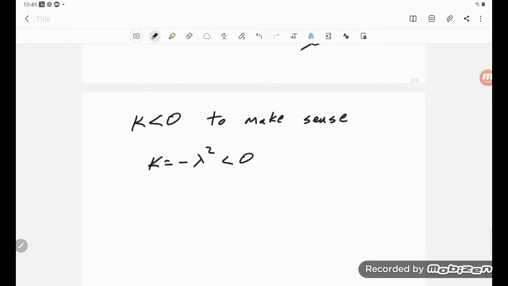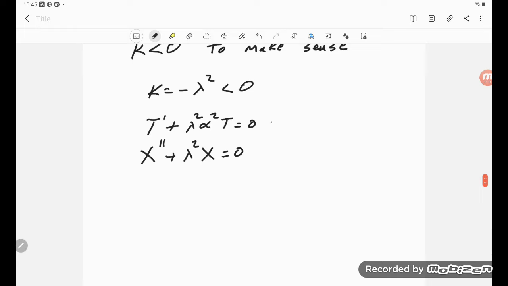And so they'll end up writing these as, since we had a minus, now we've got T prime plus lambda squared alpha squared T equals 0, and X double prime plus lambda squared X equals 0. Okay, so we have both of those, and the solutions to these, we already know the solution to this one basically.